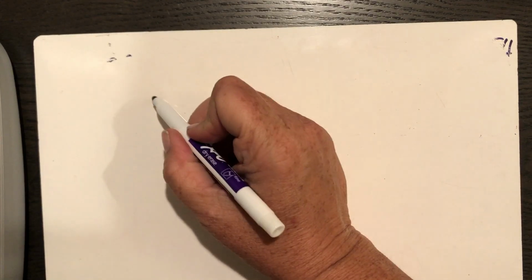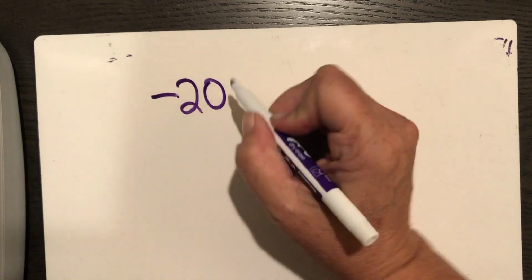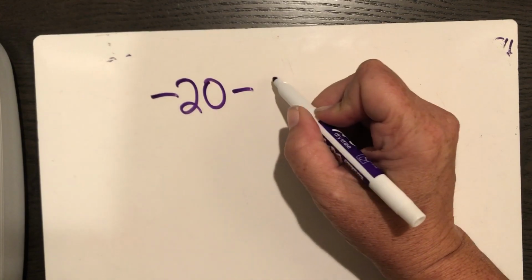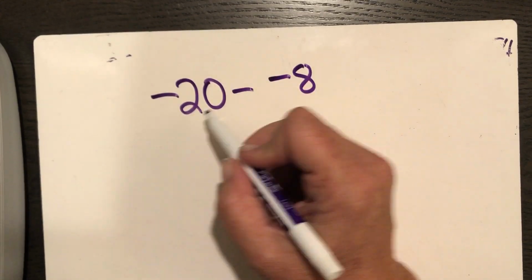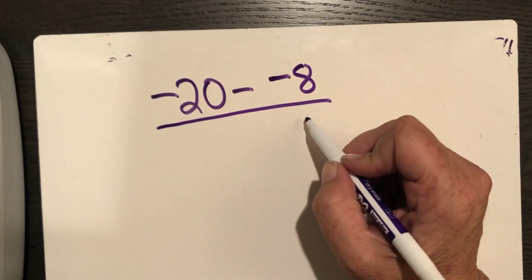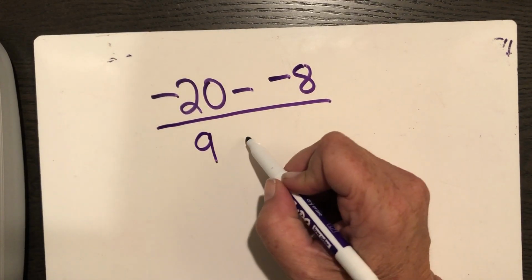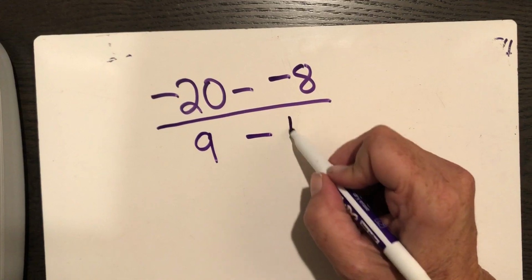Number 13, we're supposed to find the slope. So to find the slope on 13, you need to take your y2 minus y1 over x2 minus x1.